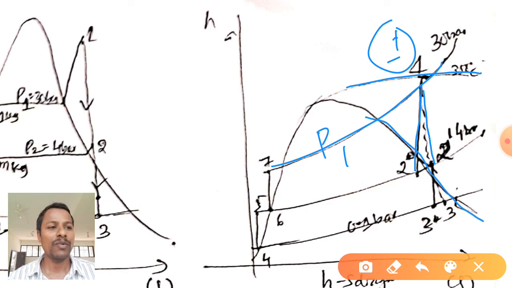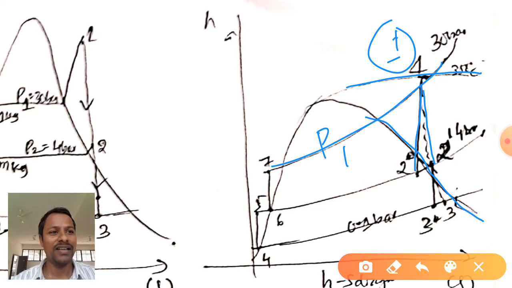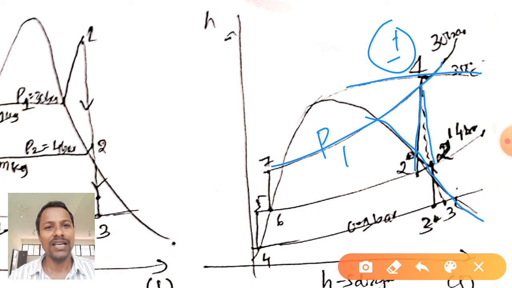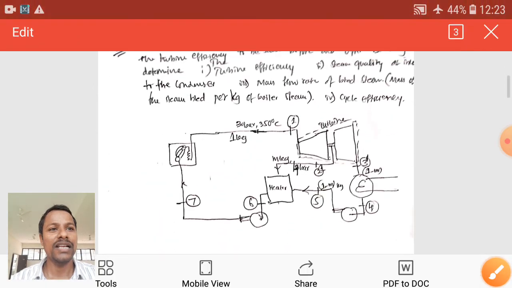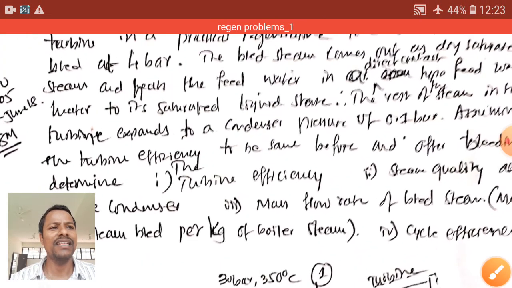So he has given in the problem statement the condition that the turbine outlet during the bleed of stage 1, during bleeding, the steam is in dry saturated vapor condition. Let us look into the problem statement again.